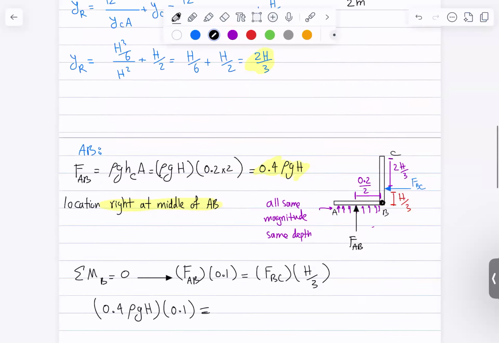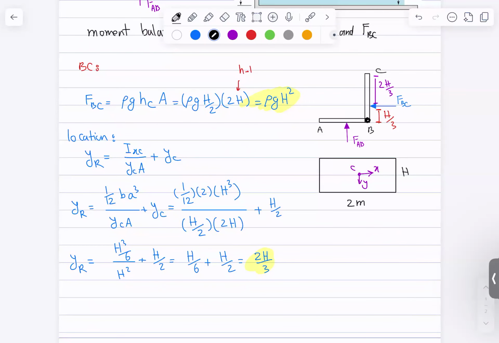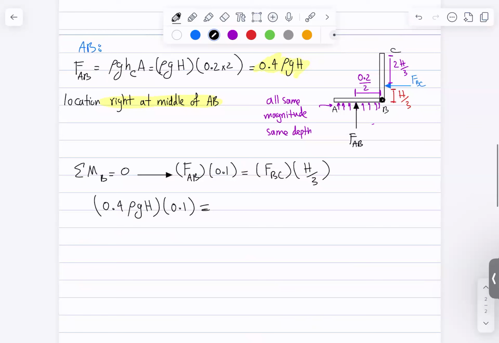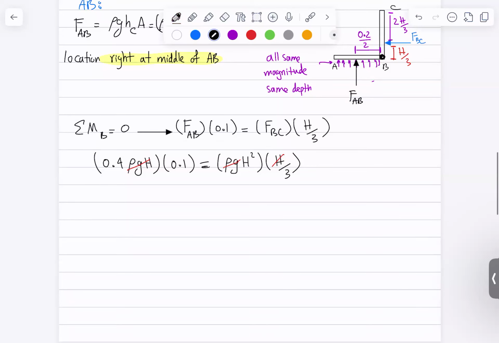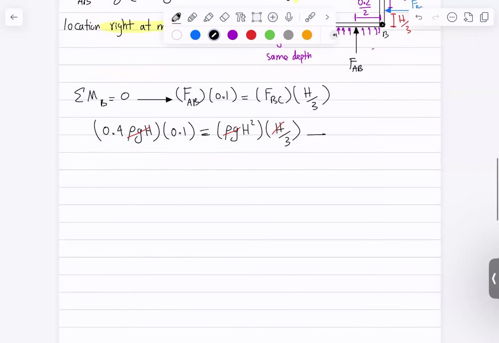For BC, it's rho g H squared times H over 3. We can simplify a little bit, get rid of the rho g and the H. So what do we get? We get H squared is 3 times 0.4 times 0.1.